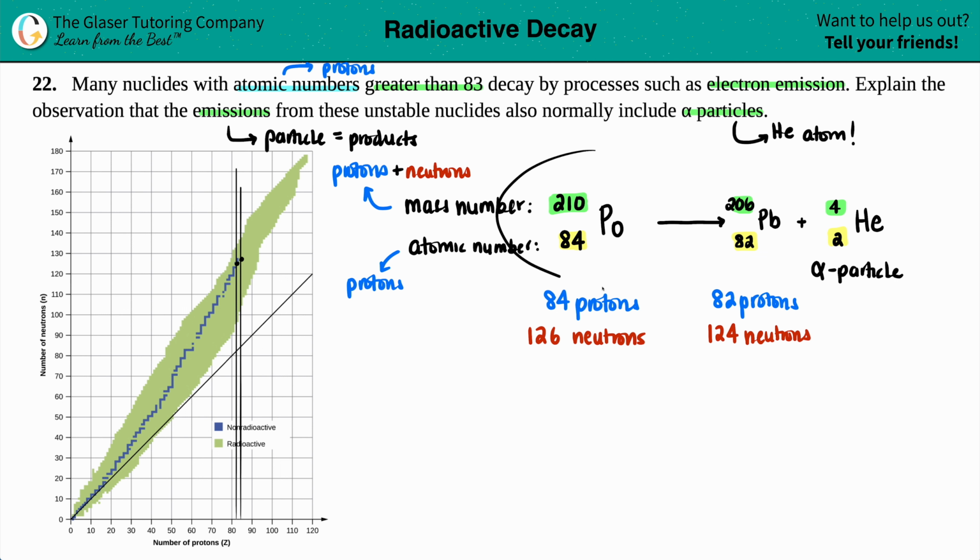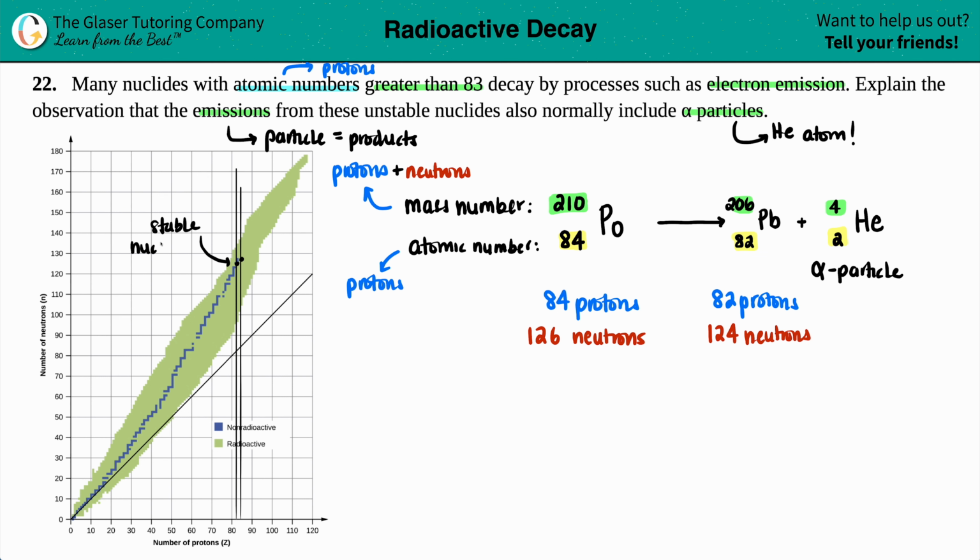So this one is a really good example of why the emissions of those unstable nuclides also normally include alpha particles. Well, the main reason is that you're dropping down your protons and neutrons to make it into a stable nuclide. This is a stable nuclide.